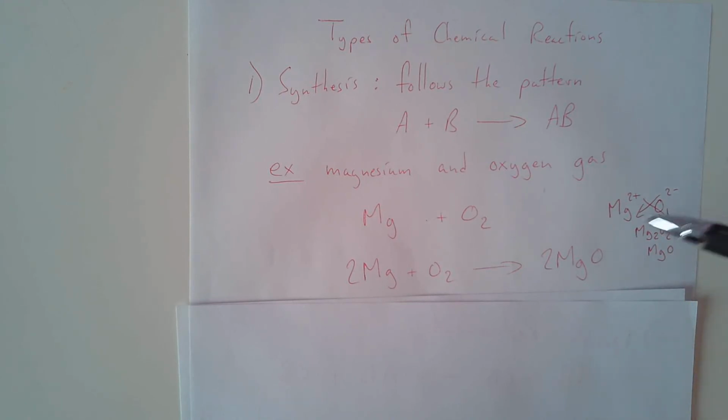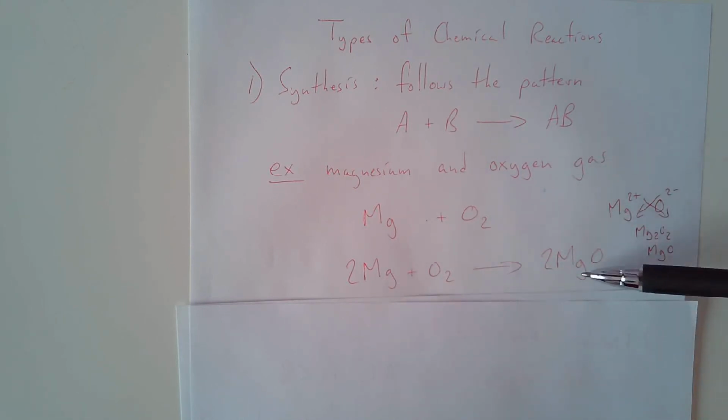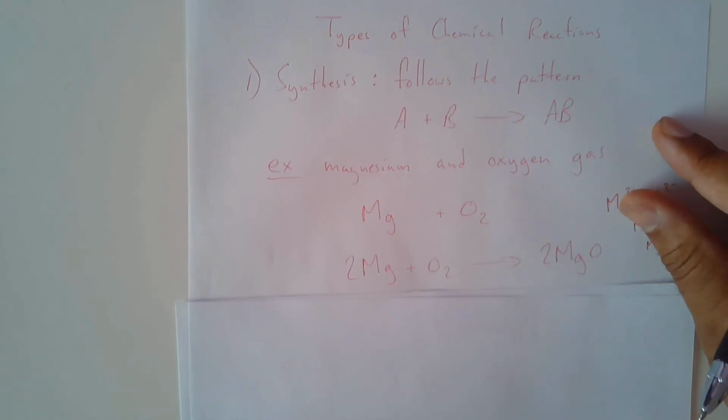And then afterwards we have to balance. So you have 2 Mg's here, you have 2 O's here, 1 Mg and 1 O being multiplied by 2 gives you 2 for each of these. Remember the same number of each atom on both sides.